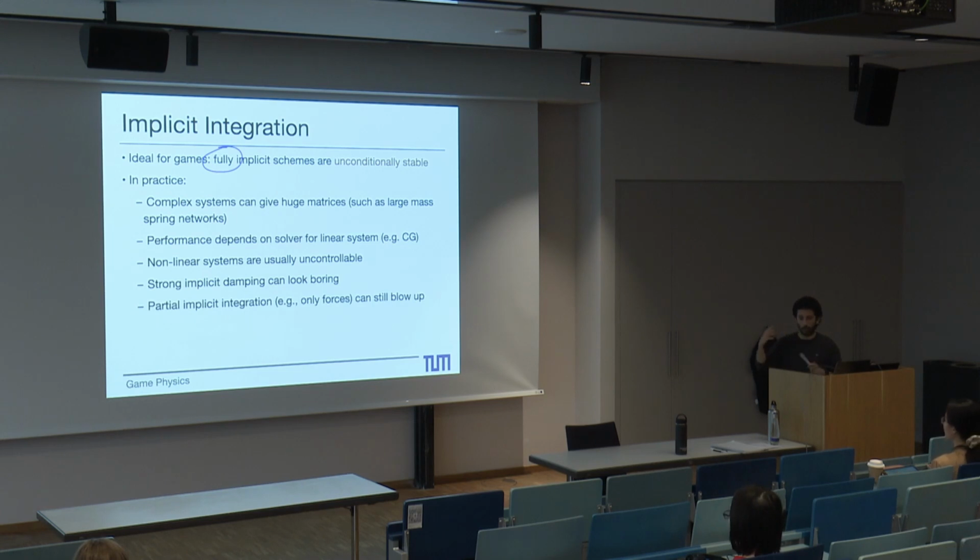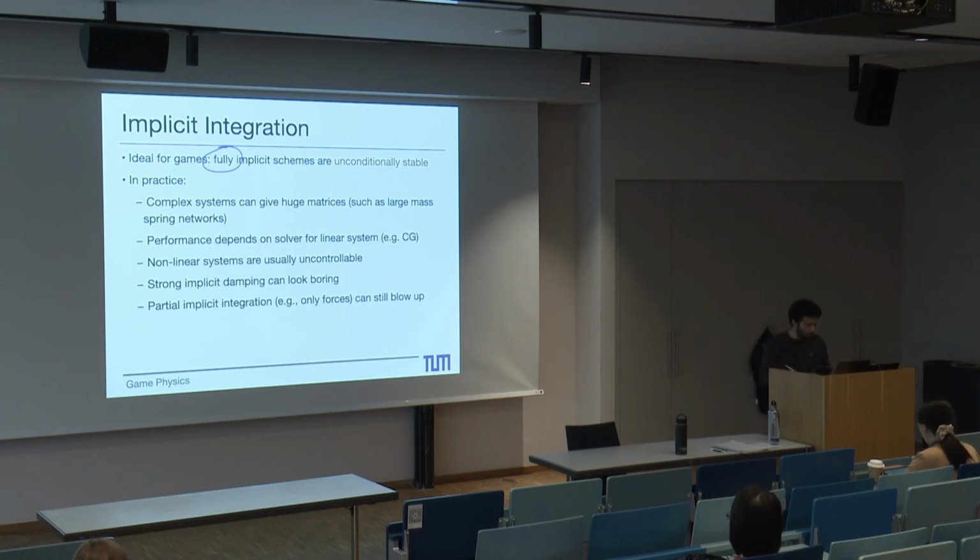One point that is important to make here is that one can mix and match integration schemes. One can integrate partially with explicit methods and partially with implicit methods. Although in this context, if we are mixing the two, then we are losing most of the benefits that we get from using implicit integration.